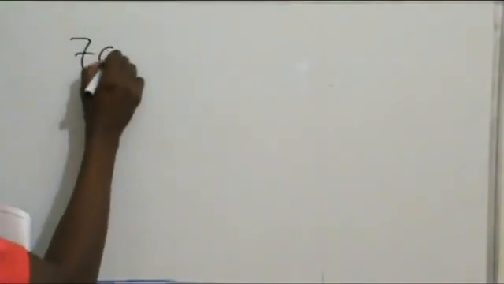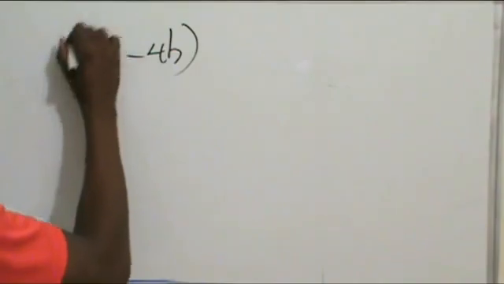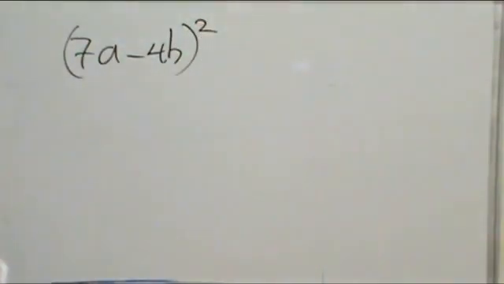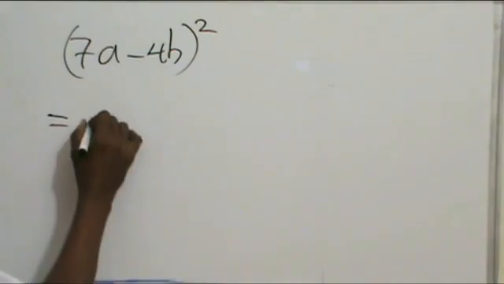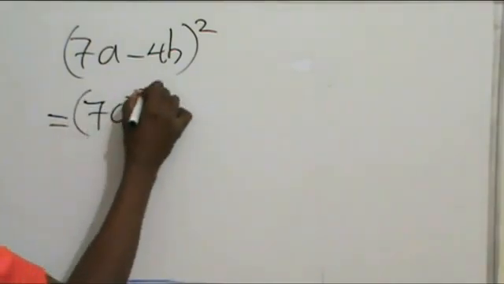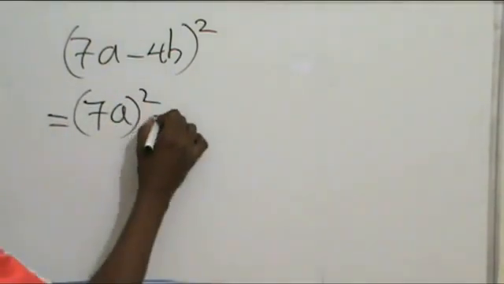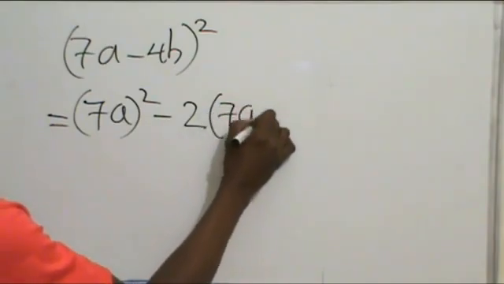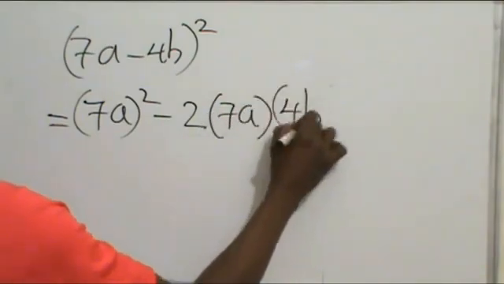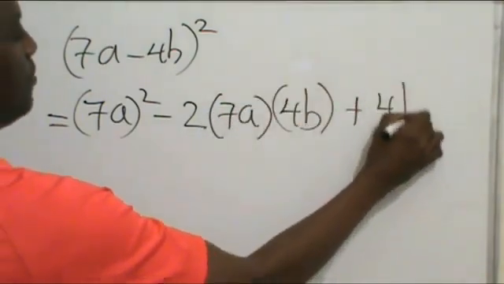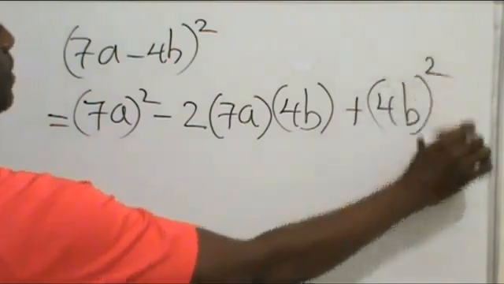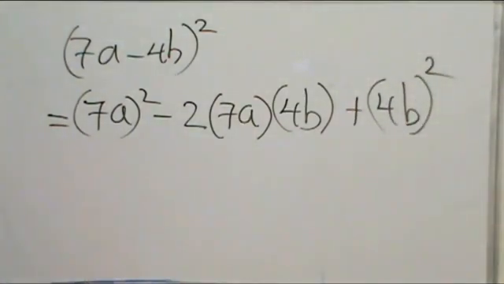So we now have 7a minus 4b, all to be squared, which is equal to, pay attention now, (7a) squared minus 2 by 7a by 4b plus (4b) in brackets, all to be squared.